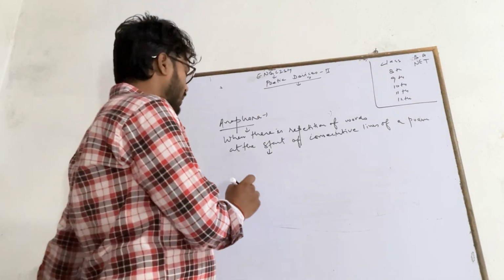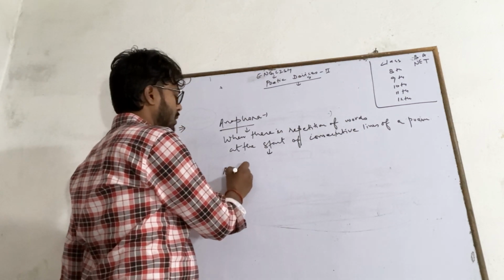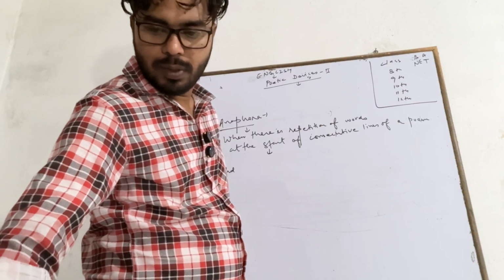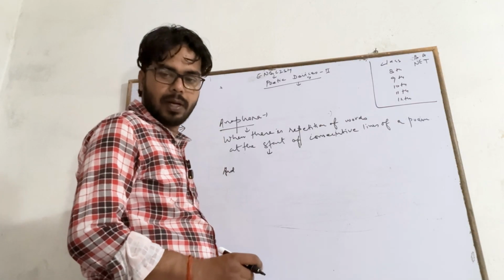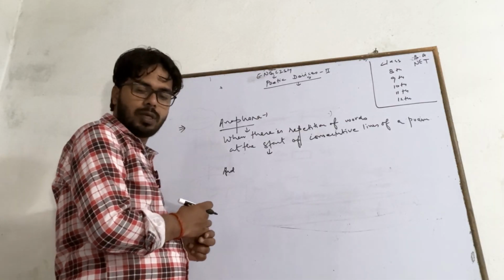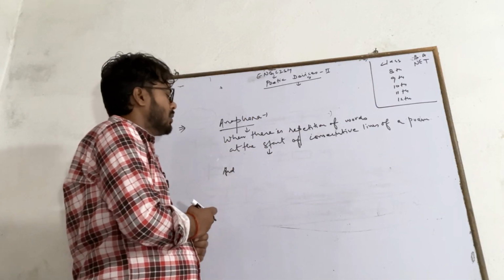The example is from the poem Bengal Sailors, and if you want the particular poem, you will find it on the internet. You simply go on Google and write Bengal Sailors poem.